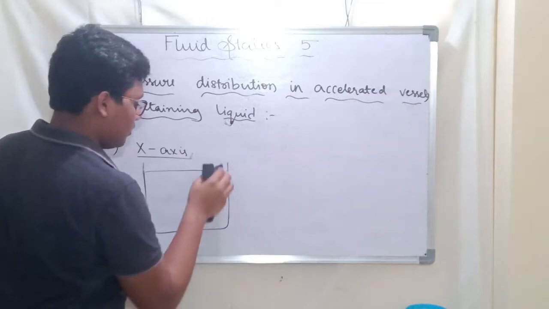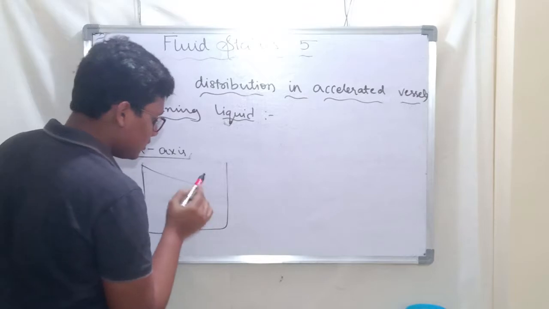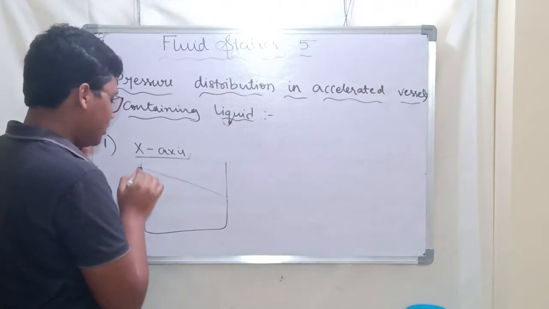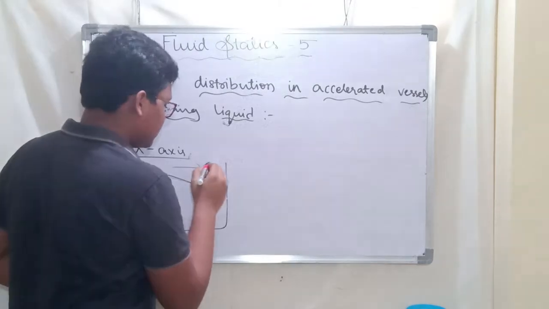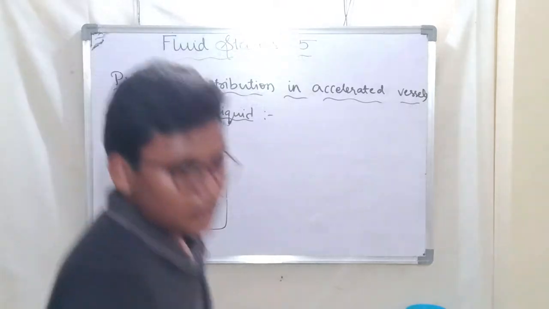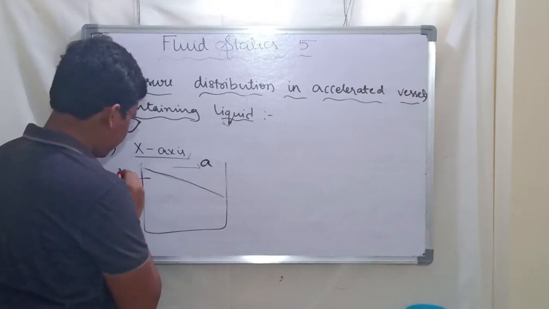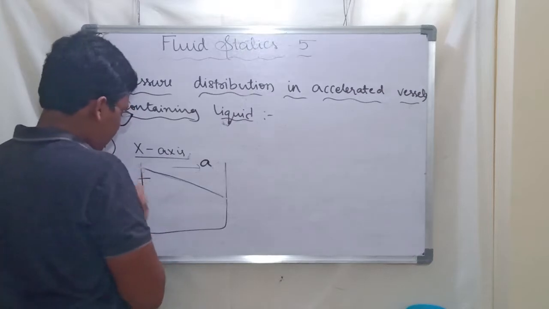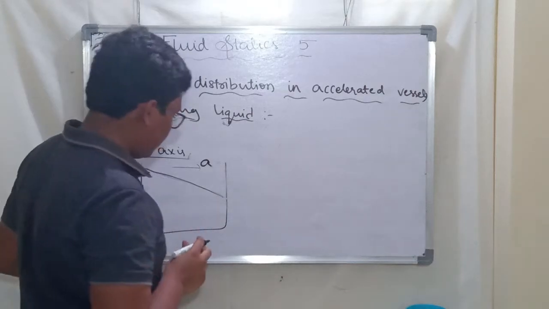When it is accelerated horizontally, then due to the pseudo force, from Newton's laws of motion, if it is accelerated in this direction, then the pseudo force MA is acting in the backward direction. Due to that, the surface will come like this.